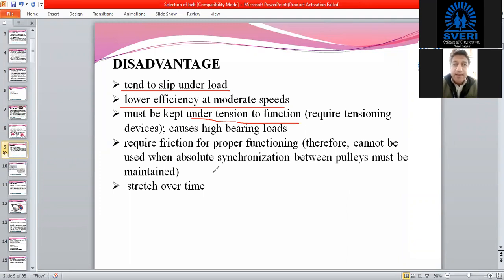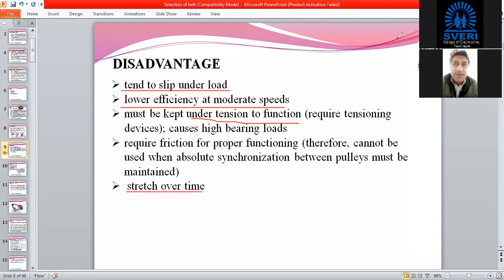In that case, you have to maintain a different type of maintenance. That is nothing but you have to make the grooves on pulleys on a regular basis. And this belt gets stretched as time passes. These are some disadvantages of the flat belt.